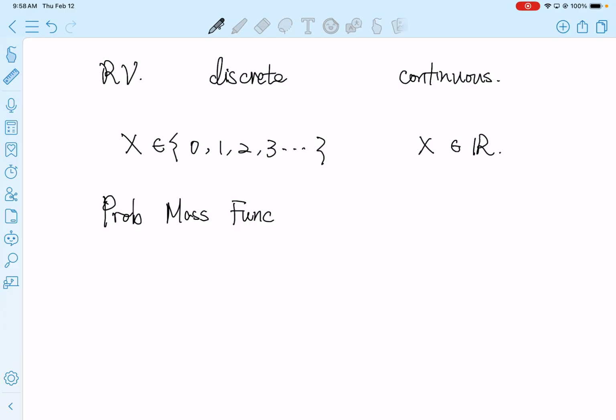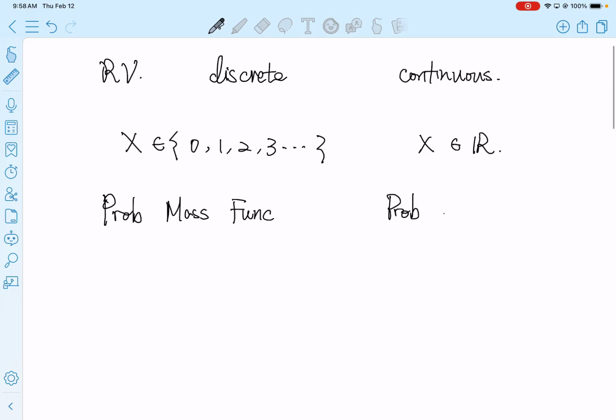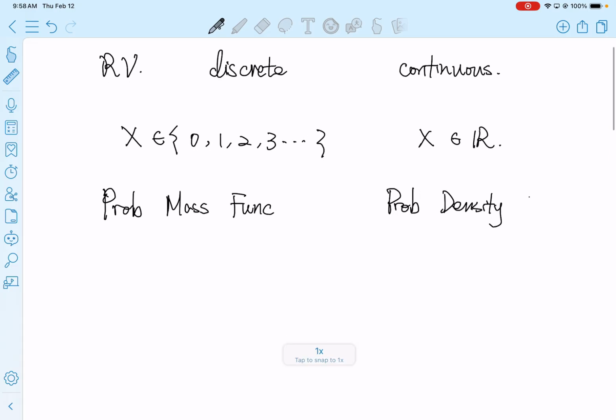And then for the continuous case, we have the probability density function. Okay, so we have some formulas or functions to describe how the random variable or the numeric value is distributed across the support, so from the integer range and also the real values. And we use the two functions to describe their distribution, their random behaviors.